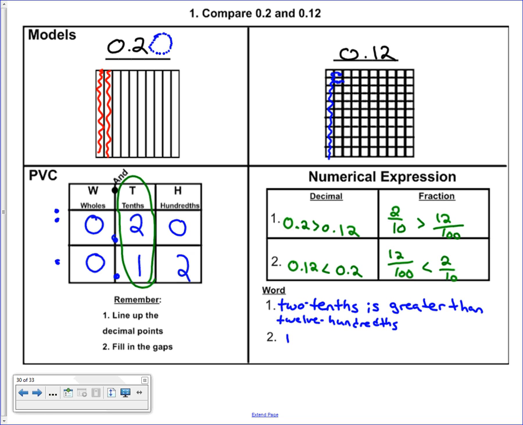And 12/100 is less than 2/10. So really all I'm doing is just reading what I have there.